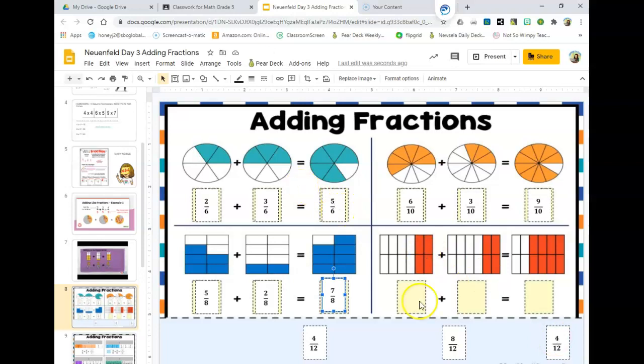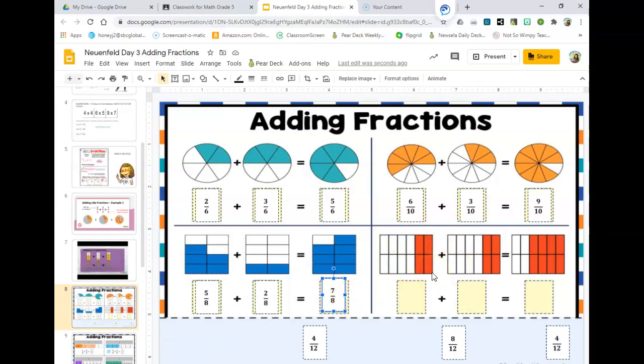Now we only have 3 numbers left. Let's take a look. Since I only have these 3 choices left, I know the denominator must be 12. But because I'm a teacher and this is a video, I'm going to count them anyways. 1, 2, 3, 4, 5, 6, 7, 8, 9, 10, 11, 12. So each of these fractions has a denominator of 12.